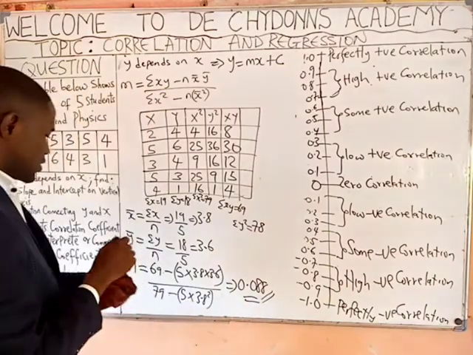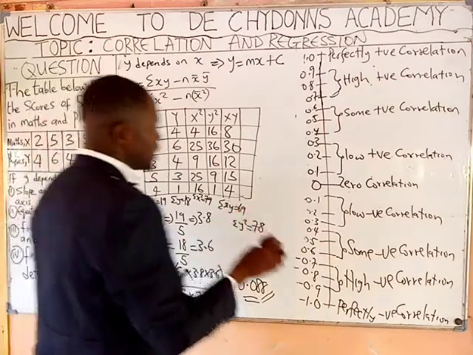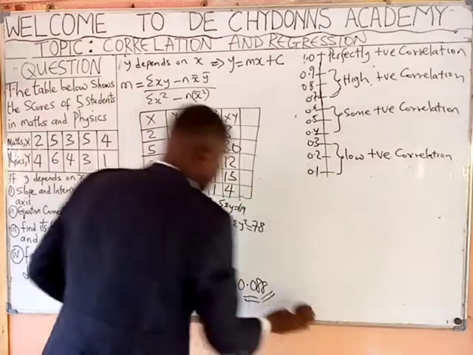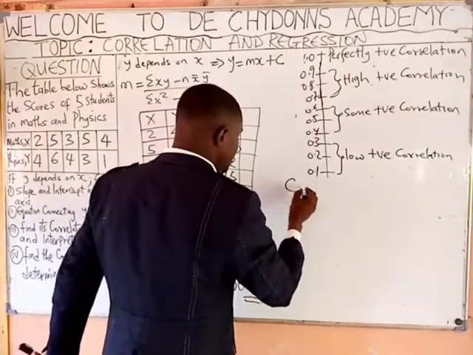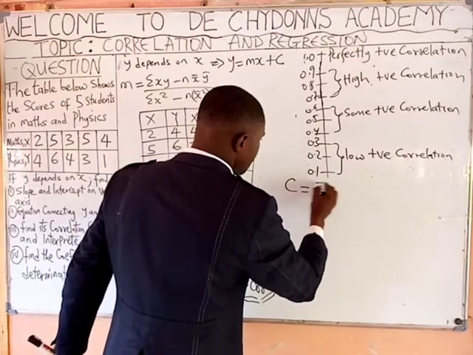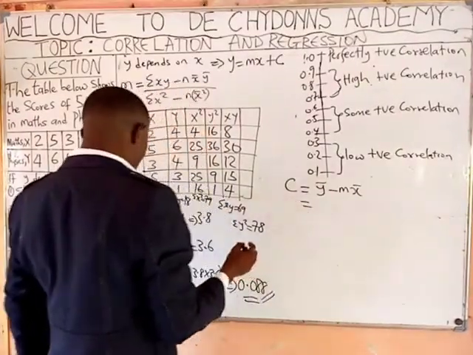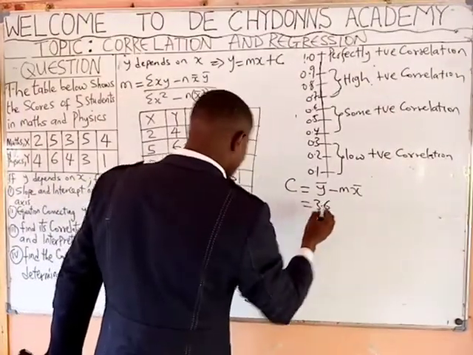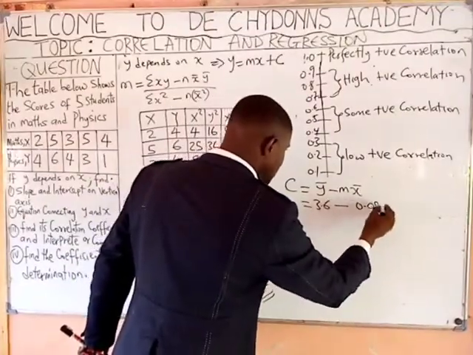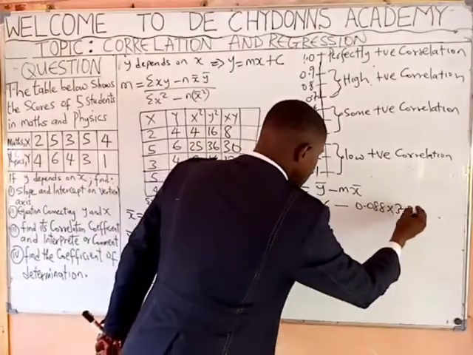Now, we want to get the intercept on the vertical axis. We said the intercept c equals the mean of y minus m times mean of x. What is mean of y? It is 3.6. Then minus m, 0.088, times the mean of x, 3.8.